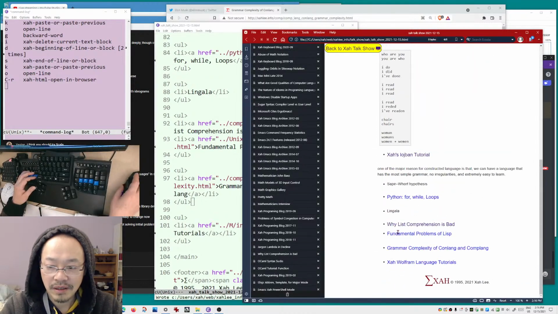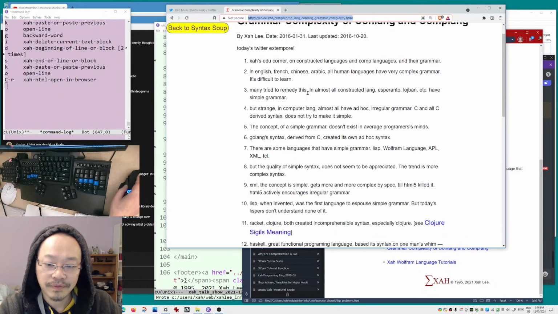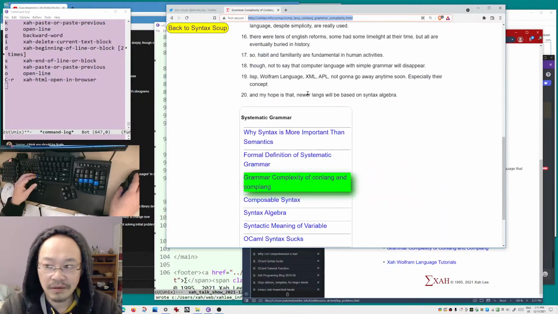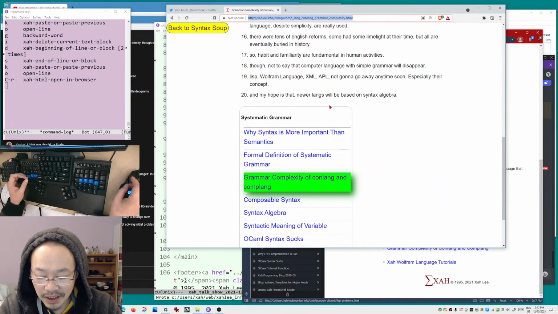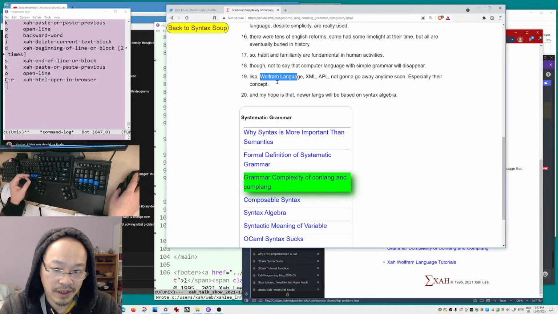The grammar complexity of conlangs and complangs compared. So that's what we talked about. So by the way, what are some examples of programming languages that have a very simple syntax? For example, we talked about Lisp, and XML is also one example. APL is also one example. And Wolfram language is one example.